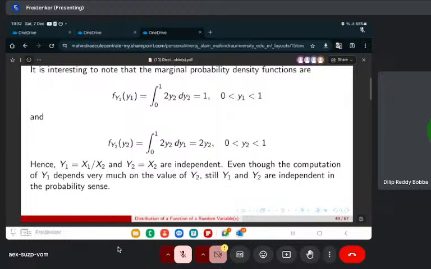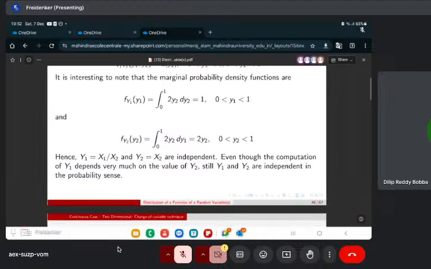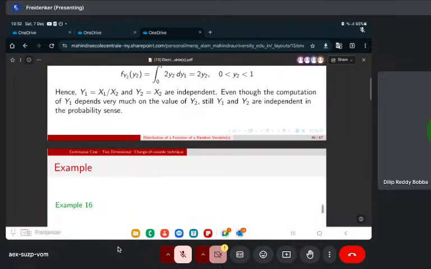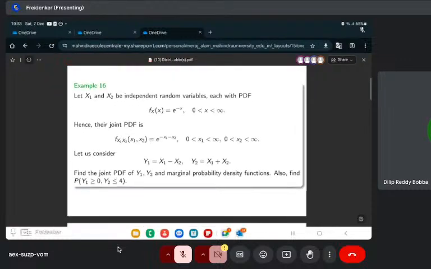That is all fine, but in the sense of probability, these two random variables are independent. I do not know how to give an intuitive explanation, but in the probability sense, y1 and y2 are independent because the joint probability density can be expressed as the product of the marginal densities. Okay, other examples you can see. It's just the same.